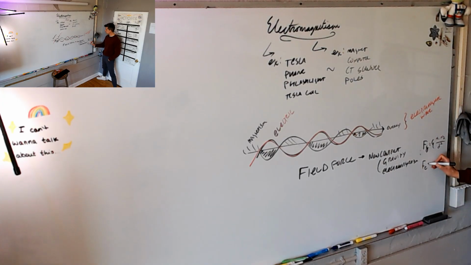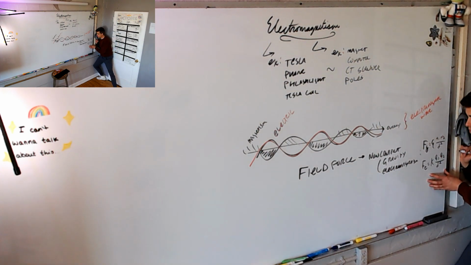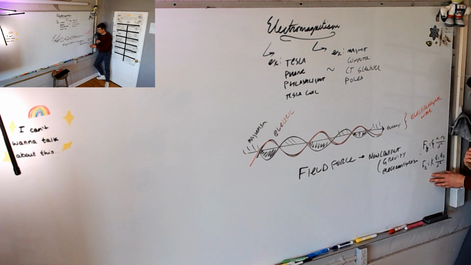The force of electromagnetism is the universal electromagnetism constant times the charges of the two objects divided by the distance between them squared. You do not have to have these memorized, I just want to show you that they are similar. Do you see how these equations look similar? They're both a constant multiplied by the product of the same quantity in two different objects divided by the distance between them squared.